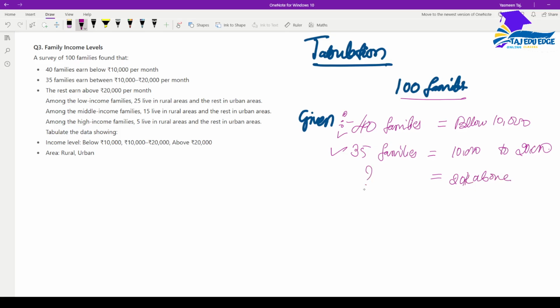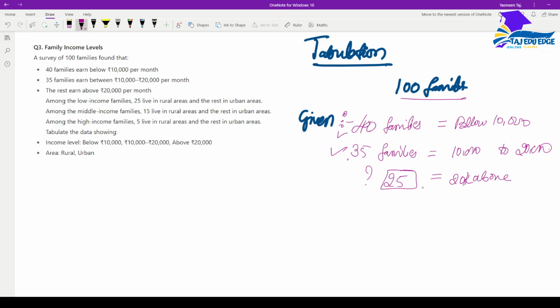How many families is that? We can find that by subtracting: 100 minus 40 is 60, and 60 minus 35 is 25. So we can easily find that 25 families earn above 20,000 per month. That is what we first need to find out.